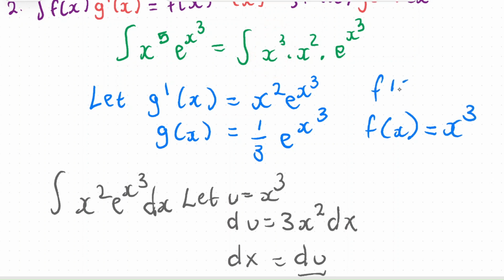And now we're going to go from f of x to the derivative of f of x. So from here, we're going to differentiate d over dx of x cubed. This is going to give us 3x squared. Let me write this properly, just so that you can see.